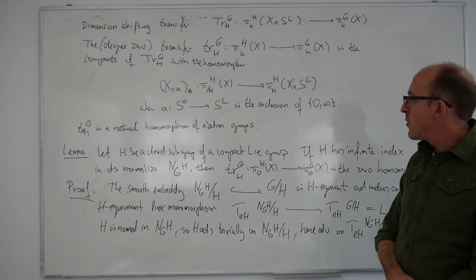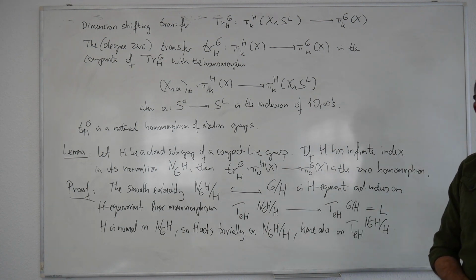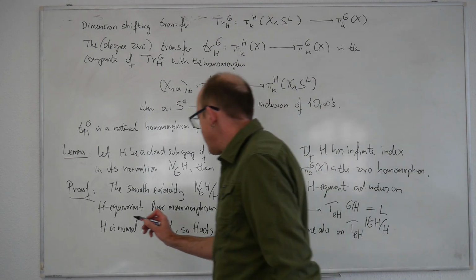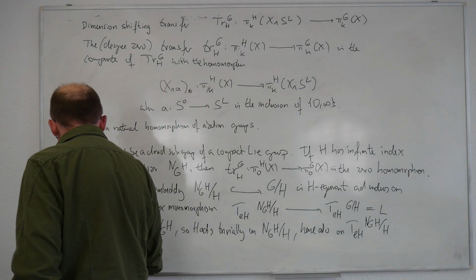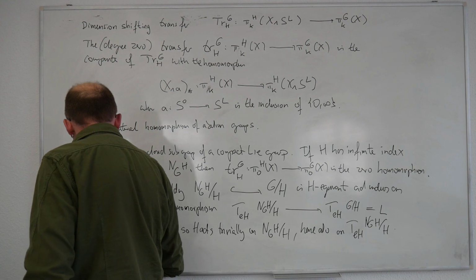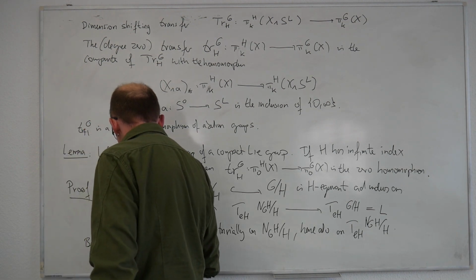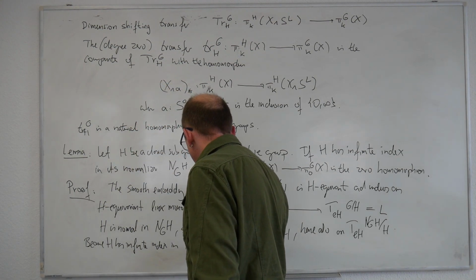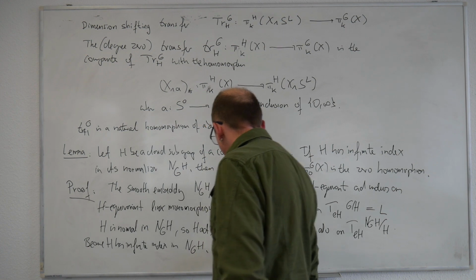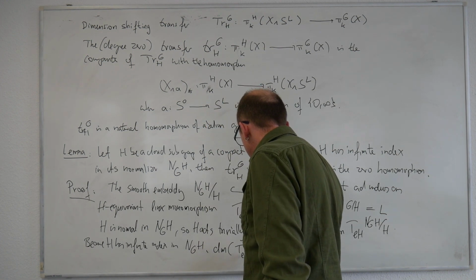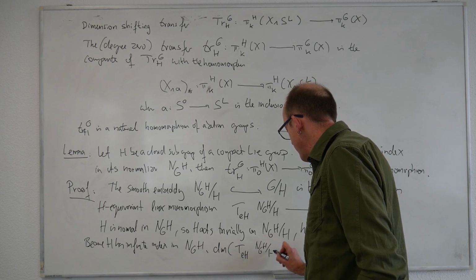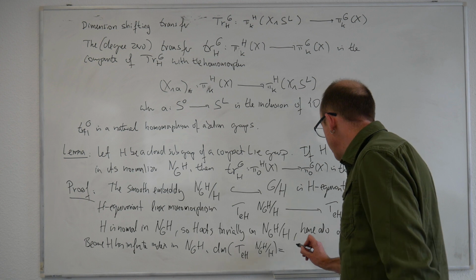On the other hand, we assumed in the hypothesis that H has infinite index in its normalizer, or equivalently, the normalizer has strictly larger dimension than H. So that means that, because H has infinite index in its normalizer, the dimension of this tangent space, TEH in normalizer GH mod H, is of course the dimension difference.